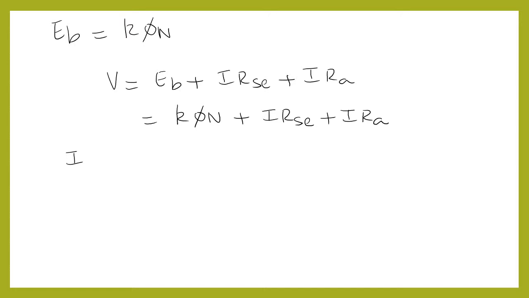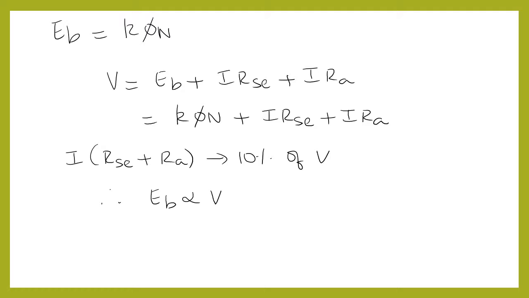Also, the drop IRSC plus IRA is about 10% of the applied voltage. Therefore, we can tell that EB is practically equal to V.